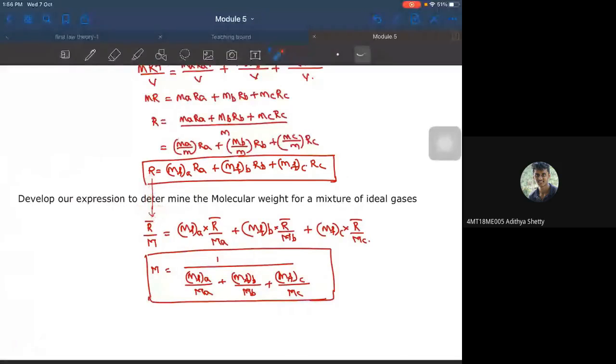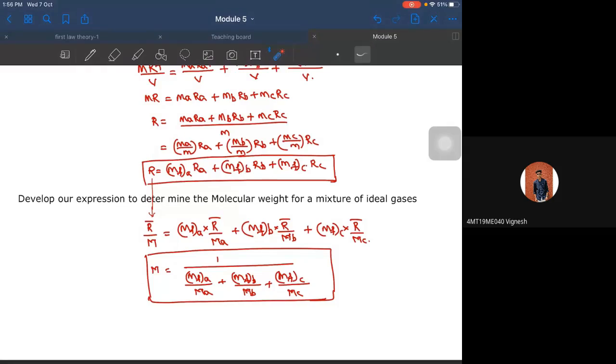See, what is R given as? R bar by M. So what is the difference between R and R bar? Gas constant and universal gas constant. Yes, exactly.